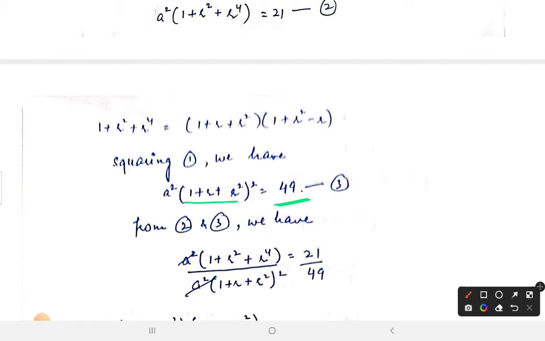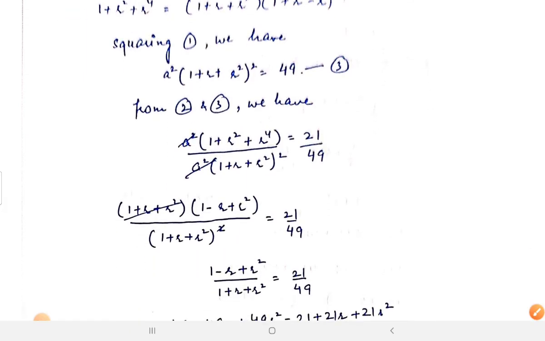Now let us divide 2 and 3. So we have A square times 1 plus R square plus R^4 is equal to 21, divided by A square times 1 plus R plus R square whole square is equal to 49. A square cancels with A square. Now the equation will remain in R only, and we can find the value of R. So let us put the value of 1 plus R square plus R^4 as 1 plus R square, 1 minus R plus R square, and one factor cancels.